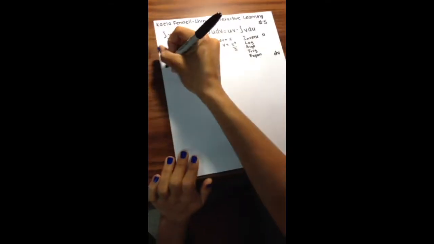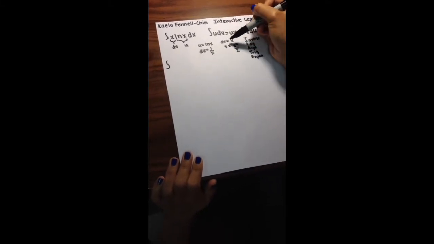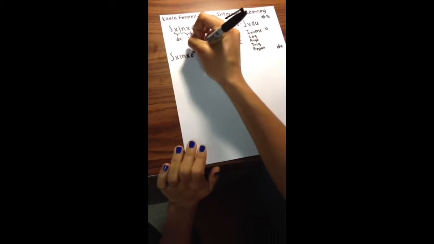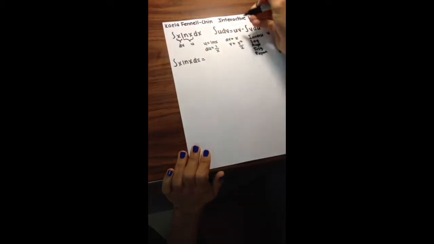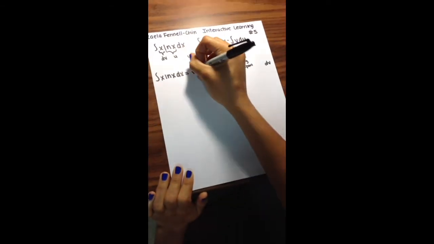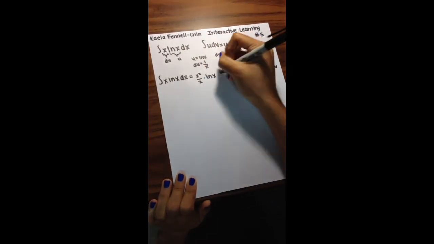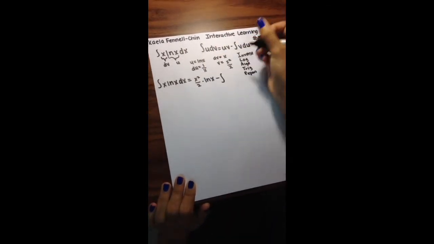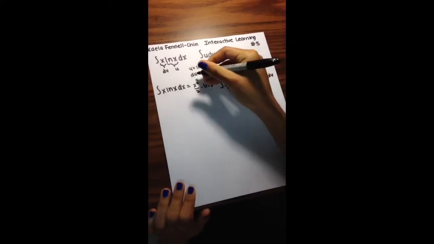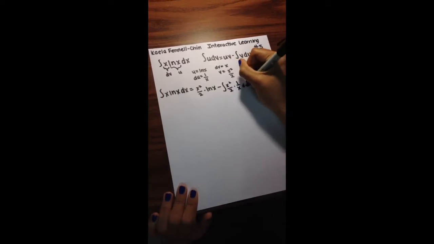So we're going to have the integral of u, which is ln x, times dv, which is x. So x ln x dx is equal to u times v, so x squared over 2 times ln x minus the integral of v, x squared over 2, du times 1 over x dx.